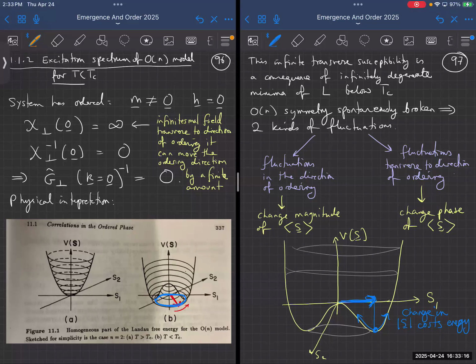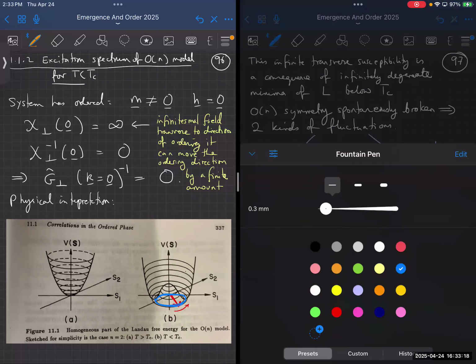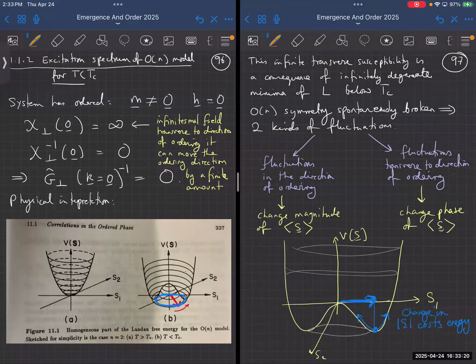But on the other hand, if I make a change in the transverse direction, which I'm trying to draw like that, a change in the phase of S costs no energy.